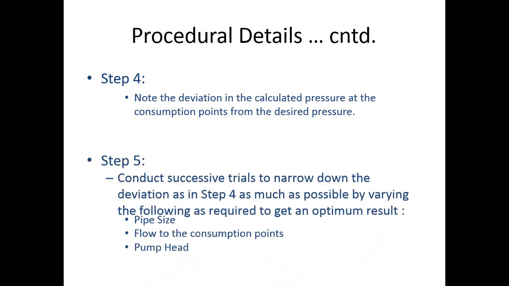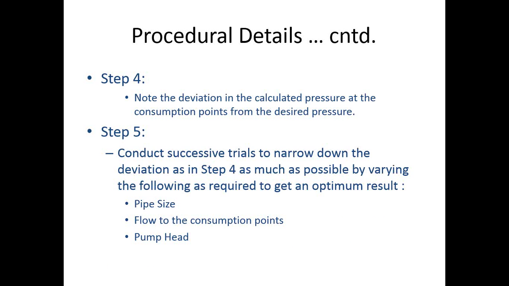Step 5 is to conduct successive trials to narrow down the deviation as in step 4 as much as possible by varying the following as required to get an optimum result: pipe size, flow to the consumption points, and pump heads. In the next slide, I would describe the calculation.